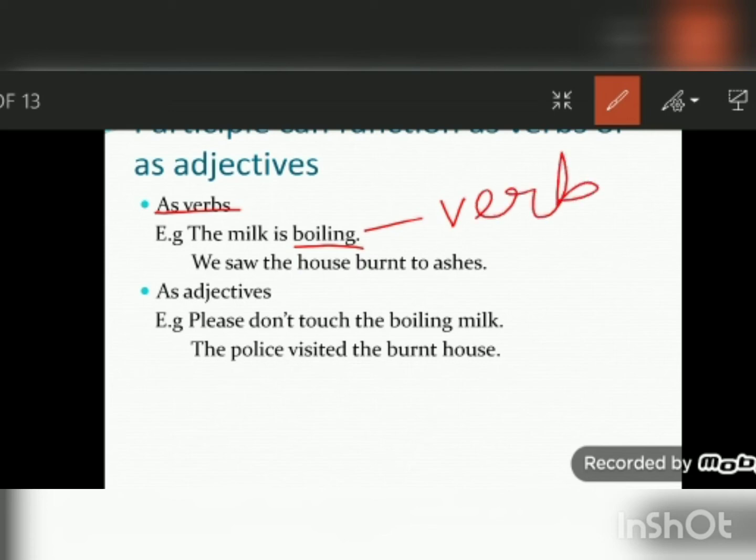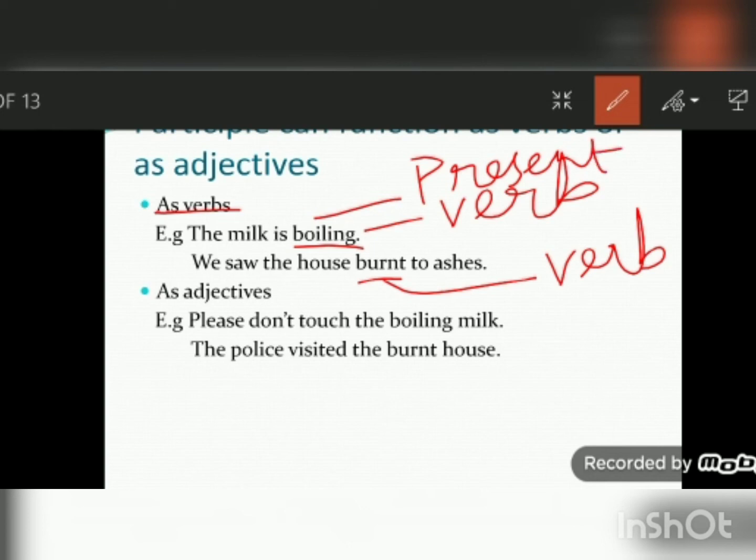Next is, we saw the house burnt to ashes. Here burnt is also used as verb. The first is present participle form of the verb, and this is past participle form of the verb.